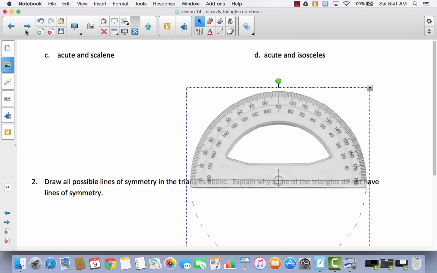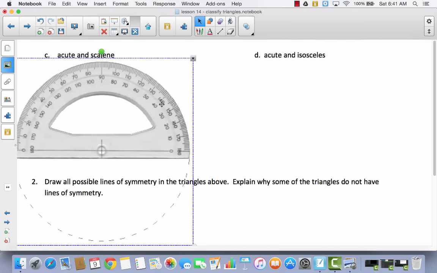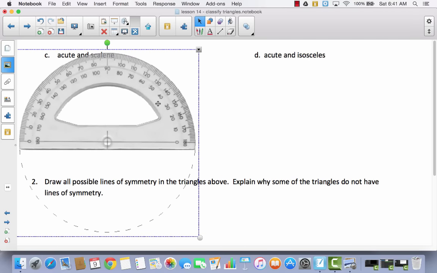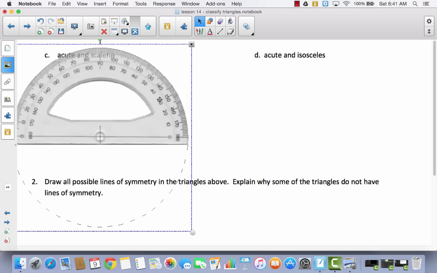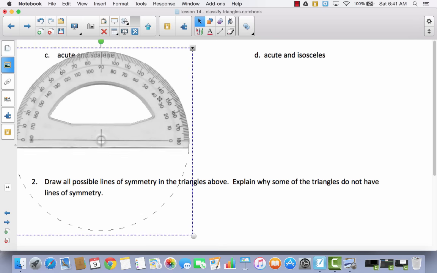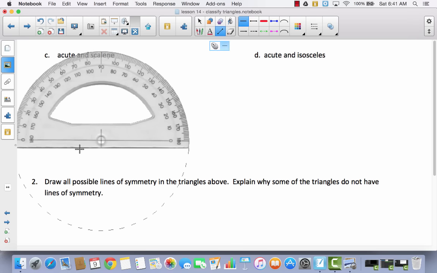All right, now this time we're going to do acute and scalene. So remember, an acute triangle has 3 acute angles, but it has to be scalene. So that means that we don't want all of our angles to be the same. In an equilateral triangle, if you will remember, the acute angles are all 60 degrees. So I want to make sure that when I make my angles today, I don't make them 60 degrees.